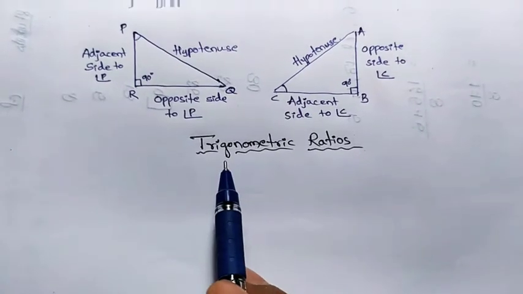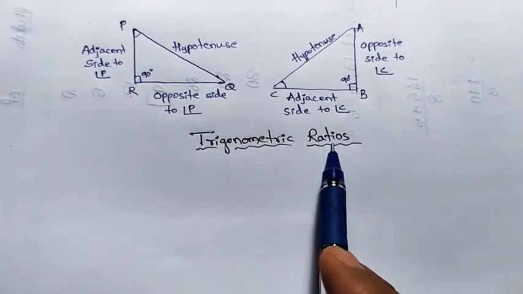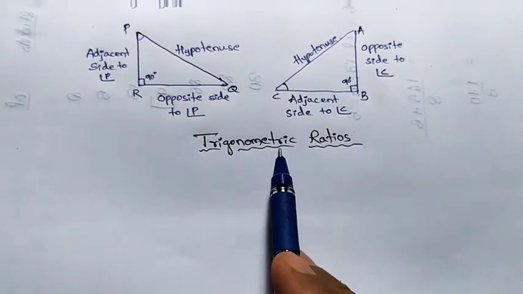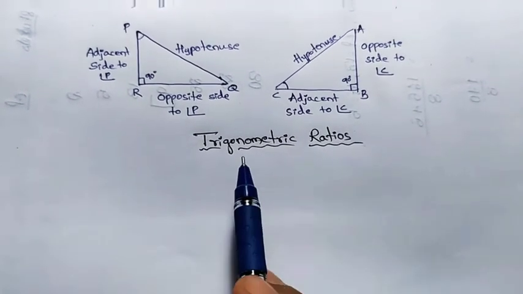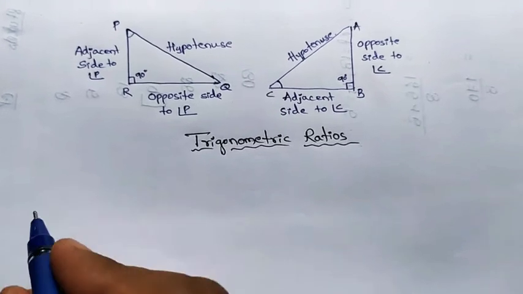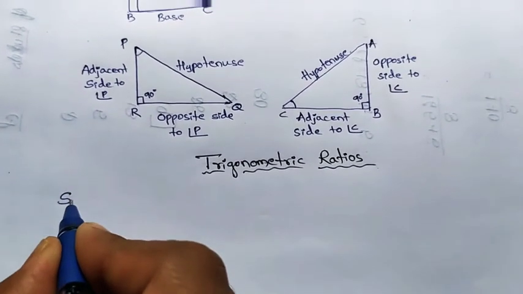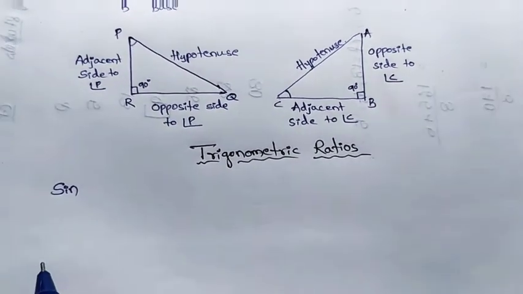Now the next concept is trigonometric ratios. Trigonometric ratios give us a total of 6 ratios. The first one is sine, in short sin.